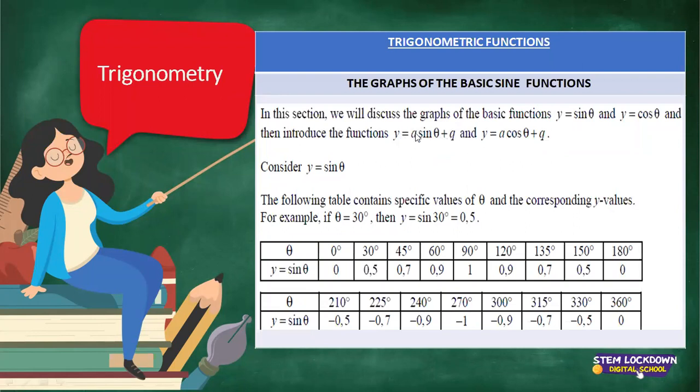So the a implies the amplitude, and the q refers to the vertical shift of the graph. a is the amplitude, q is the vertical shift.